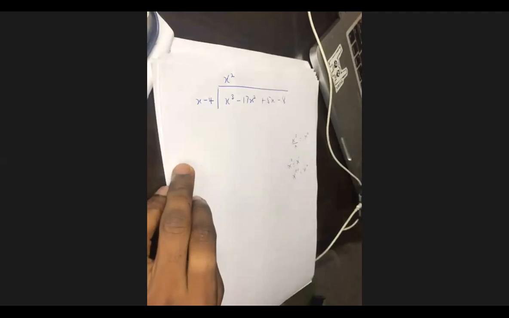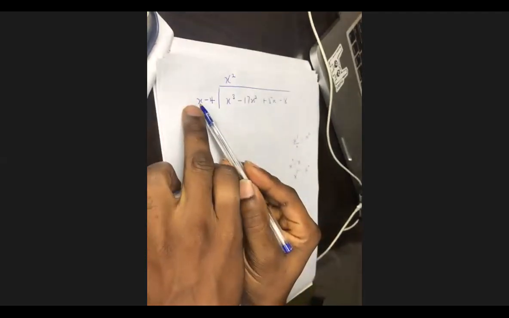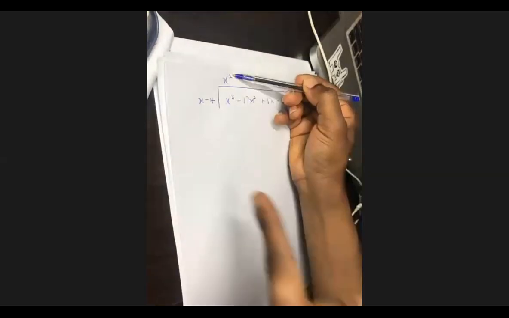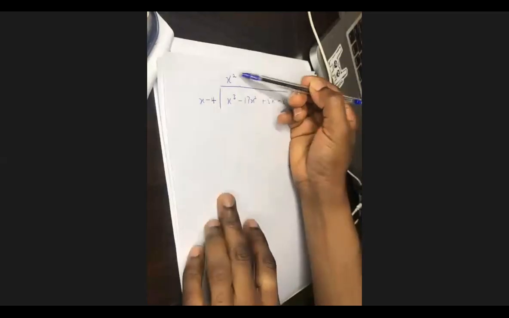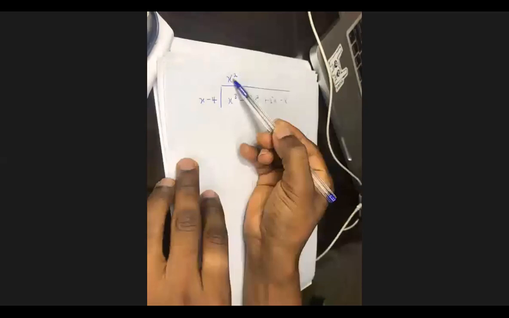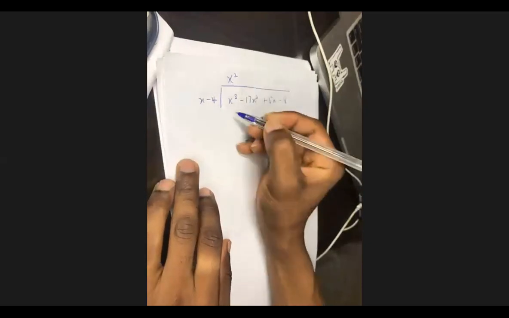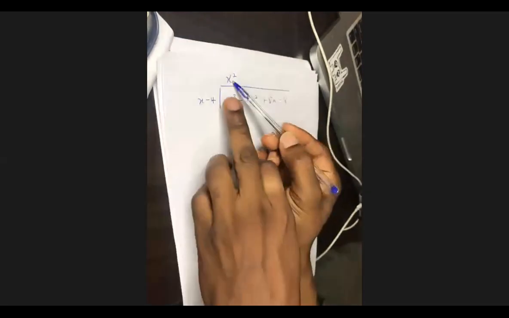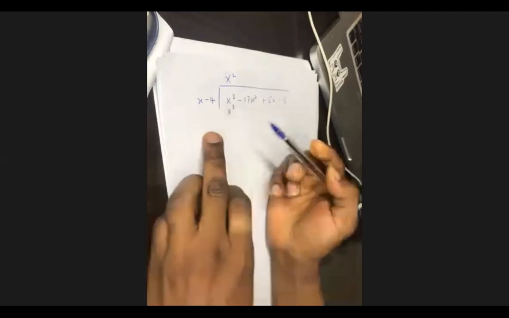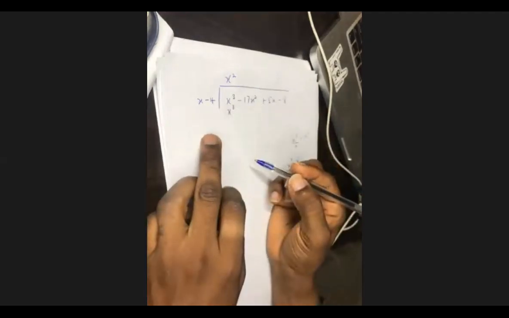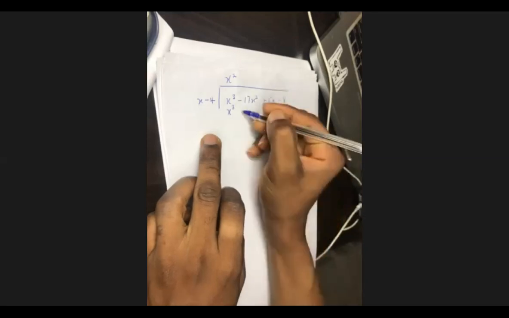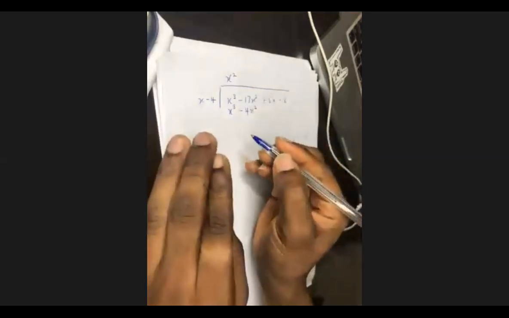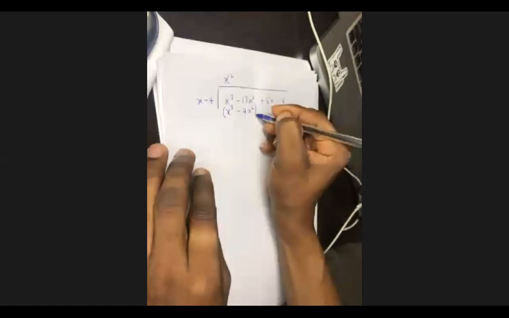Good. Now my next step is to pick this x squared and multiply through the divisor. So first step, the number of times x goes into x cubed is x squared. Now your next step, pick the x squared, multiply through. So what is x squared times x? X cubed. Now what is x squared times negative 4? Negative 4x squared. Good. Now you are subtracting the whole expression. So bracket, minus.